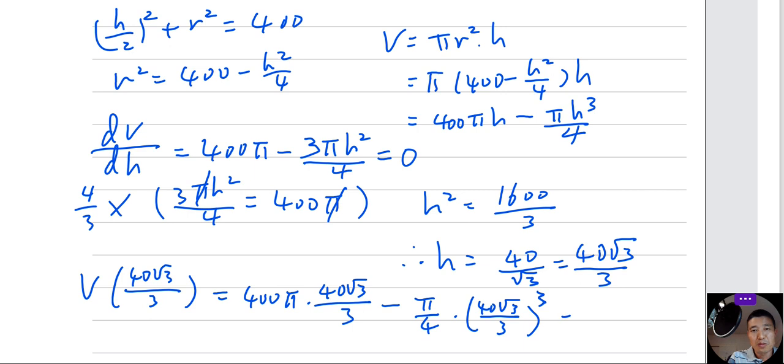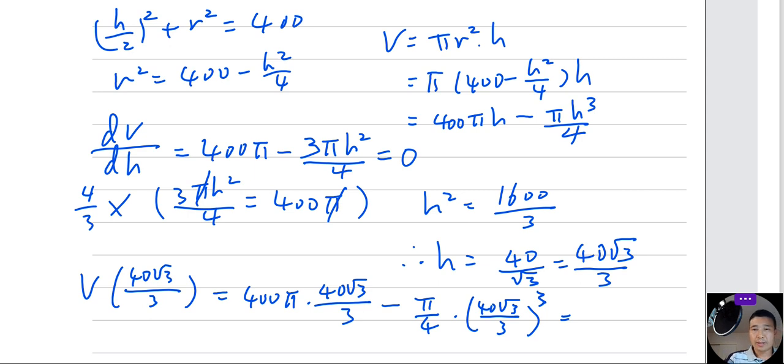This is the moment we need a calculator. So I go 400 pi times 40 square root of 3 over 3 minus pi over 4 times 40 square root of 3 divided by 3, to the power of 3.